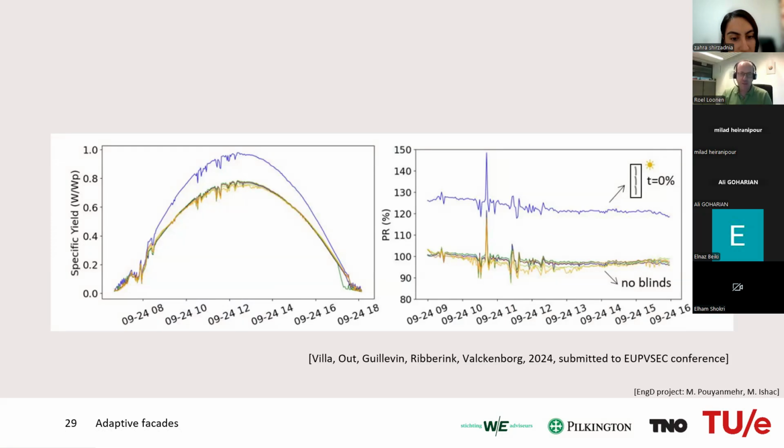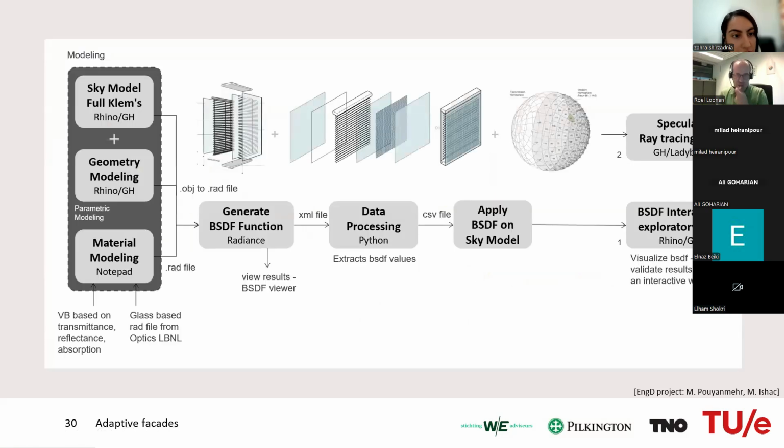But on top of these experiments, we are also really looking into models that can be used to further optimize the performance of these systems. So this is using, on the one hand, Rhino, Grasshopper, and Ladybug to characterize what is called the bidirectional scattering distribution function, so BSDF, to get a full picture of the incoming and outgoing light that hits this fenestration system.